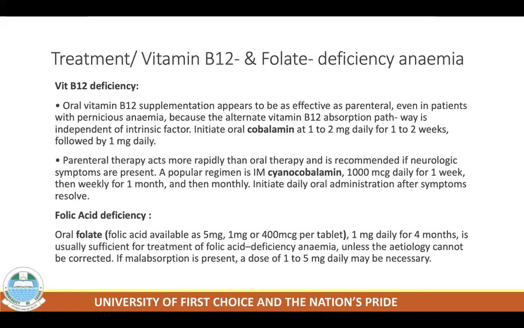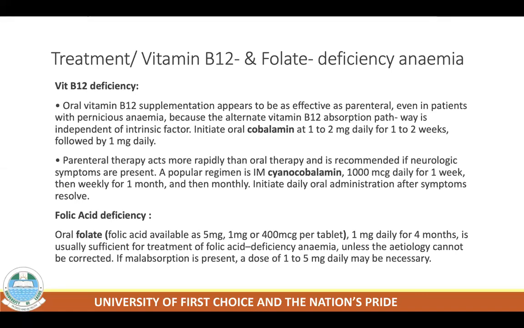Except when neurologic symptoms are present. Remember we mentioned that neurologic symptoms do not show early on during B12 deficiency. So except when neurologic symptoms have shown up, oral and parenteral are equivalent.